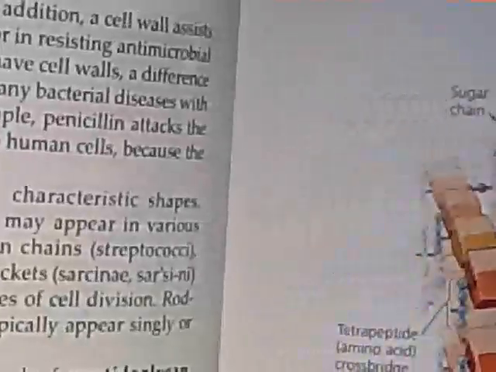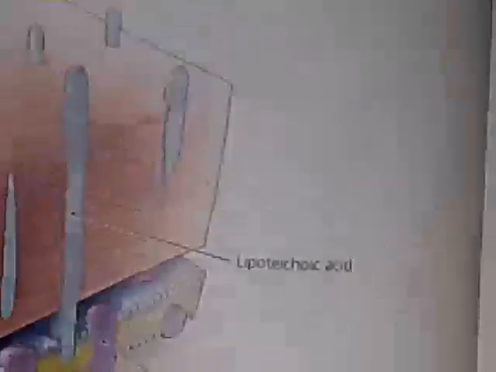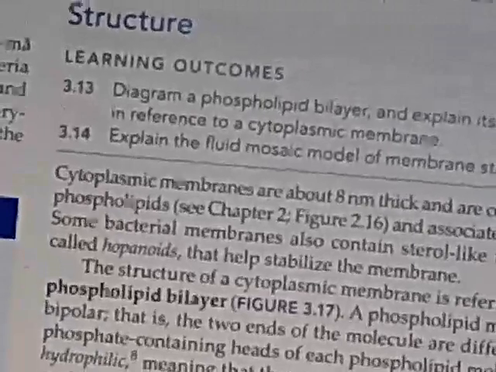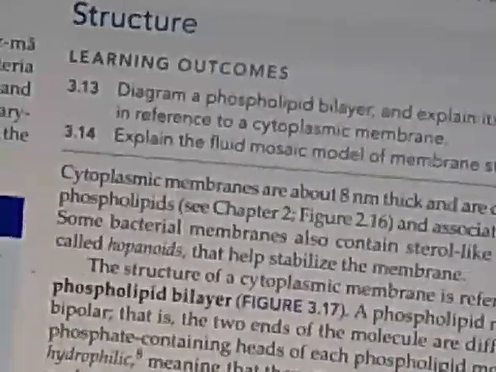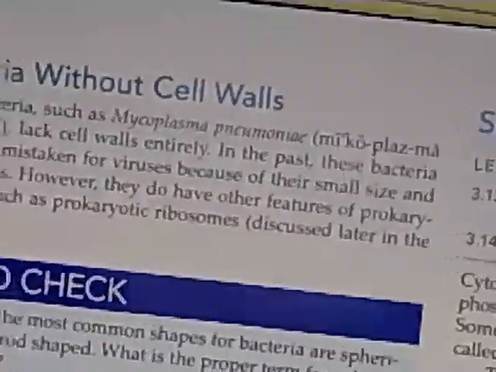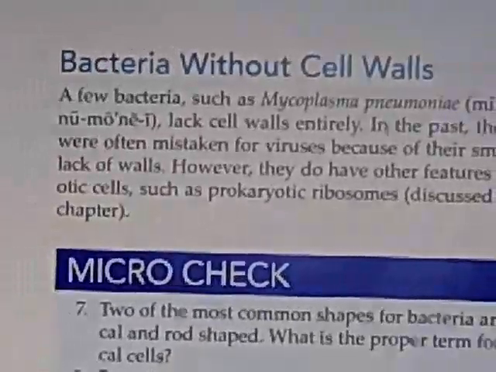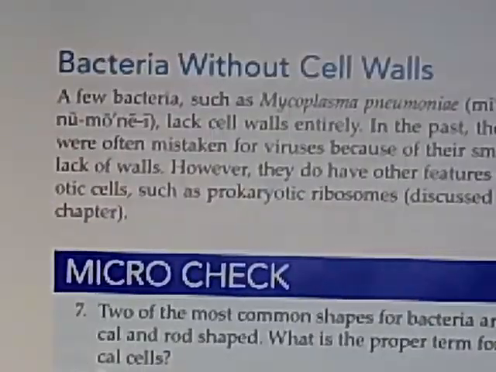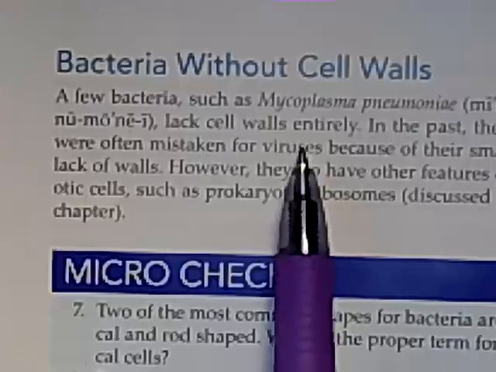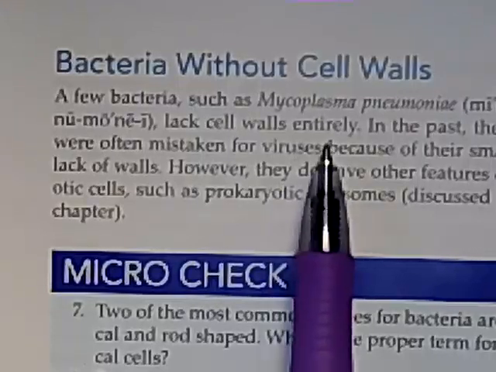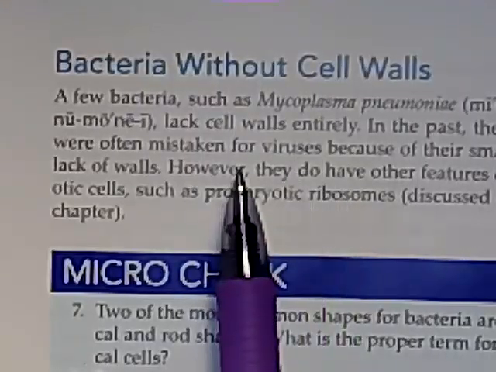All right, so we have another type of bacteria, another exception to the rule, that does not have a cell wall at all. Bacteria without cell walls is talked about on page 69. This is mycoplasmas that do not have cell walls at all. They lack them entirely.